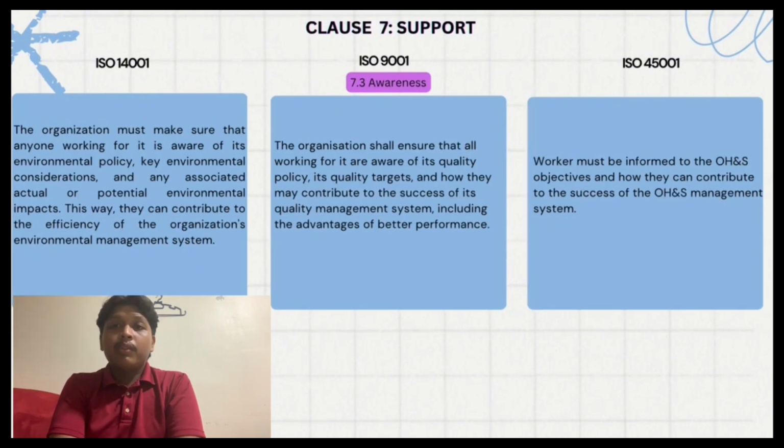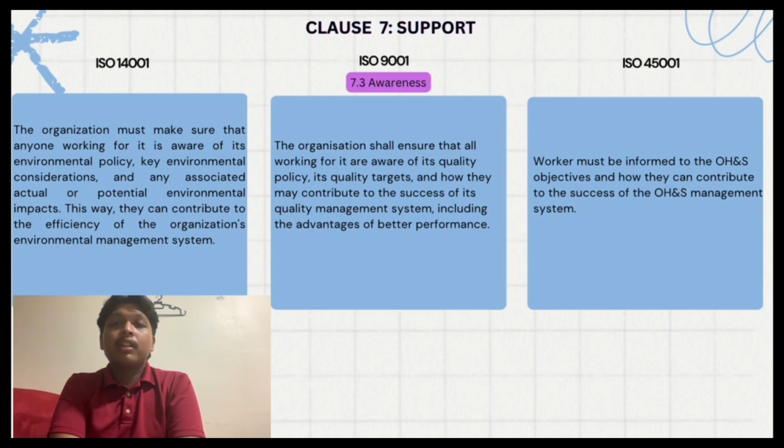For 7.3, which is awareness, for ISO 14001, the organization must make sure that anyone working for it is aware of its environmental policy, key environmental considerations, and any associated actual or potential environmental impacts.